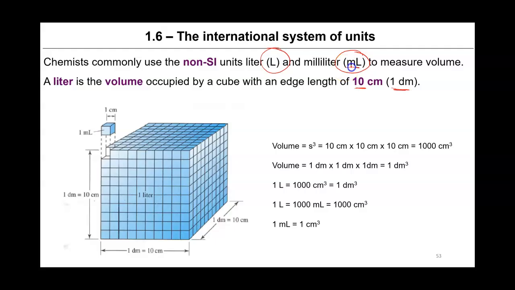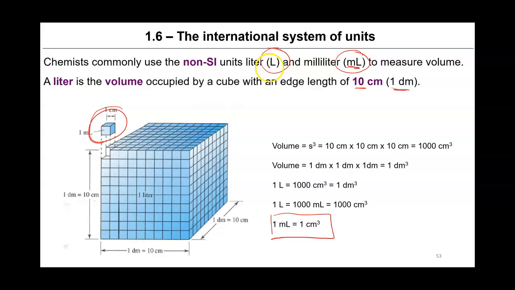A milliliter is the volume occupied by a cube that is 1 centimeter on each edge. So that's important for us. What that means is that 1 milliliter is exactly the same as 1 centimeter cube.